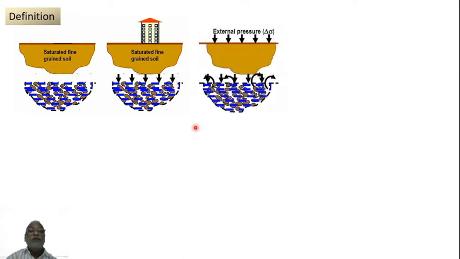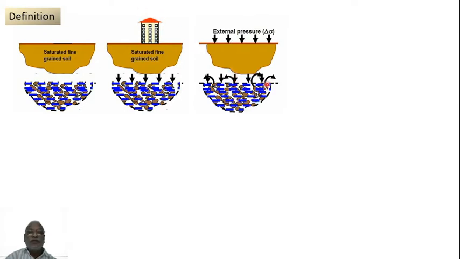There are voids in which the water is there, and there are soil particles. When you put the load, obviously there will be some kind of squeezing action. So obviously the water, which is a fluid, will try to go out. The water which is there will go out because of the external pressure from the structure.